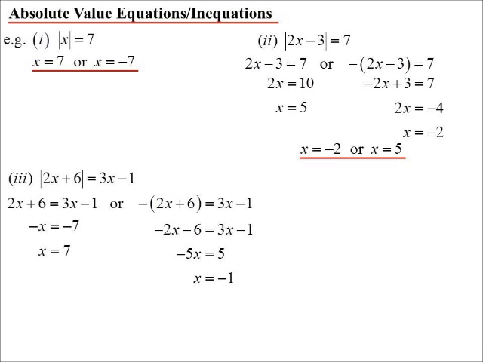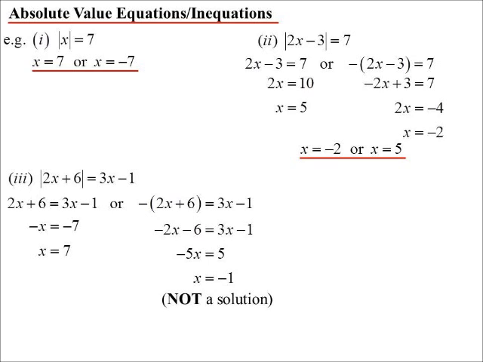The right-hand side of the equation would be 3 times negative 1 minus 1, which is negative 4. Well, it's not true to say the absolute value of something is negative 4. So x equals negative 1 is not a possible solution.